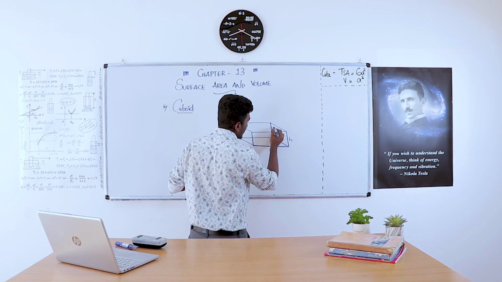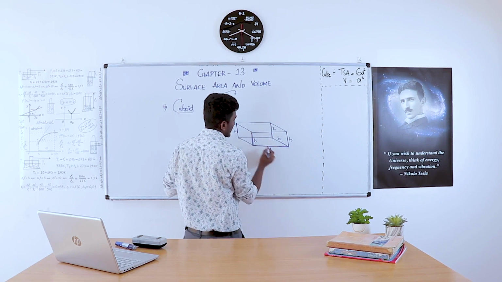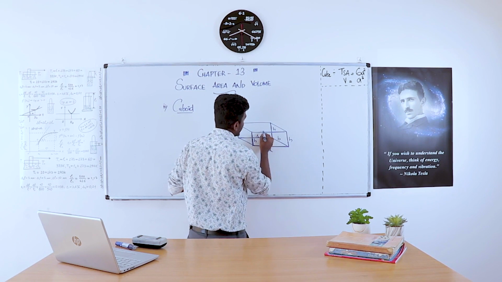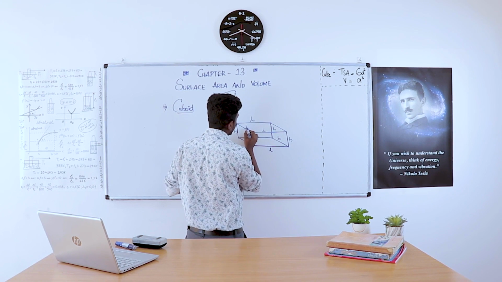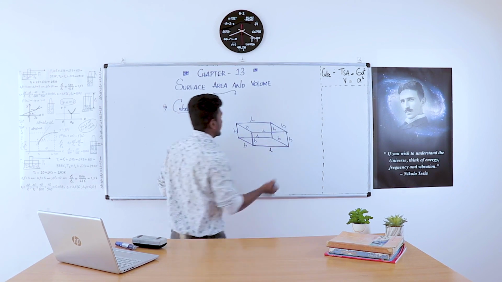This is also height, this is also height, and this is the length, this is also length, this is also length, and this is breadth, this is breadth, this is breadth.